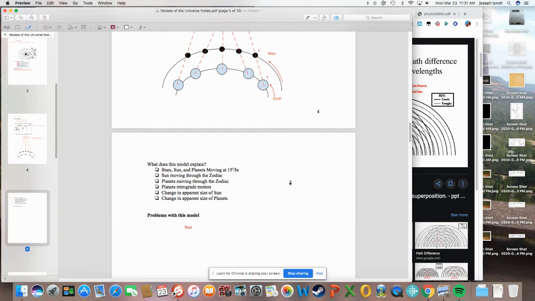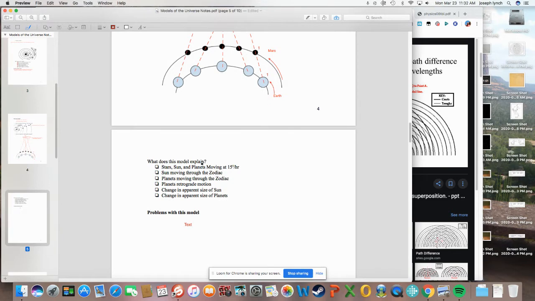So what does this model explain? Well, everything's going to move across the sky at 15 degrees per hour. But that's because this time the Earth spins at 15 degrees per hour.